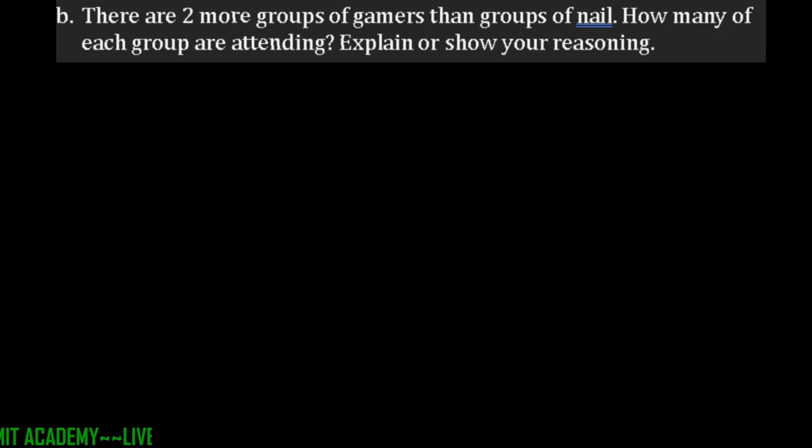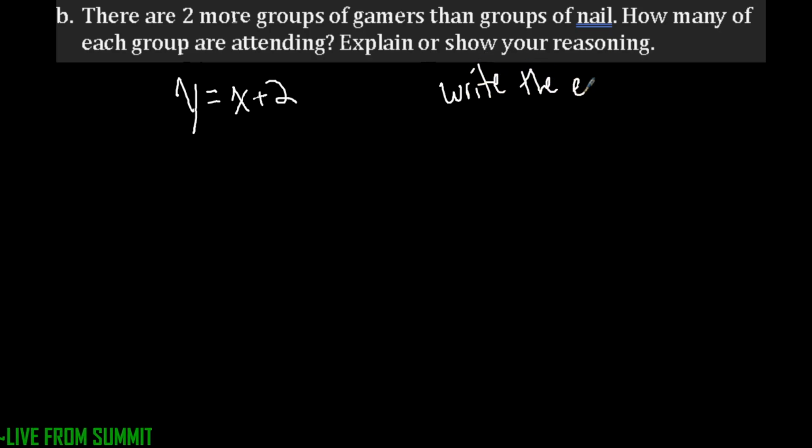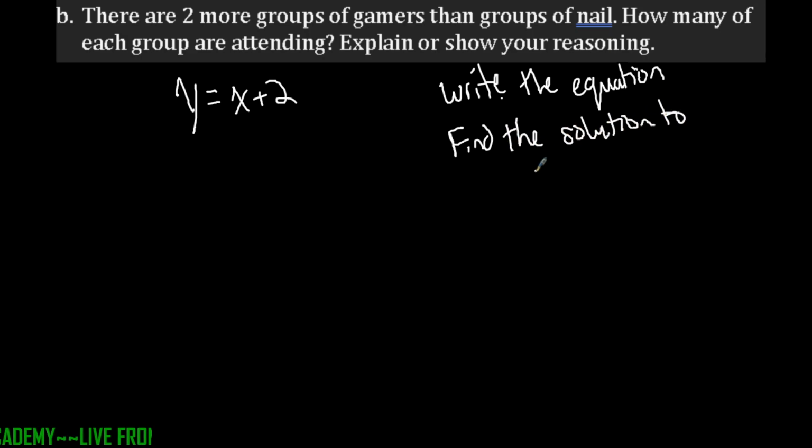So what we have to do now is come up with the equation. So we're going to say y equals x plus 2. What you want to do is first write that equation. So we're going to write that new equation that we have, and then we need to find the solution to the system.